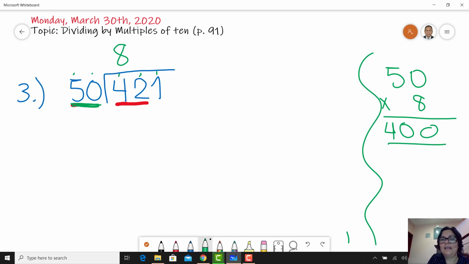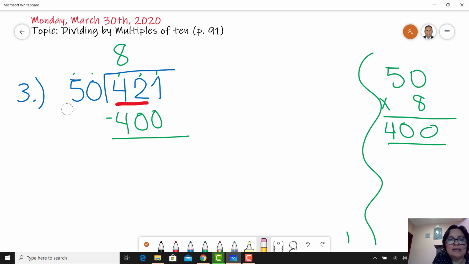So we are going to copy this under here. Okay? And then we have to subtract. Let's see. 1 minus 0, 1. 2 minus 0, 2. And 4 minus 4, 0.